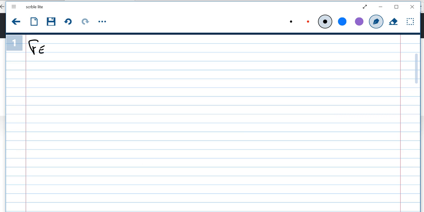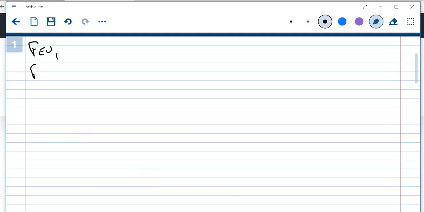FEV1 is your forced expiratory volume, and that's basically the amount exhaled at the end of 1 second of forced expiration. You're also going to get your FVC, which is your forced vital capacity.